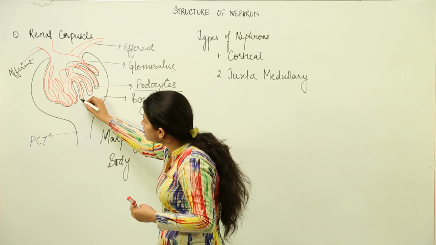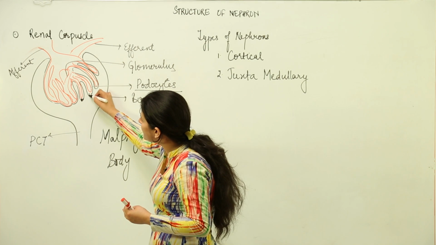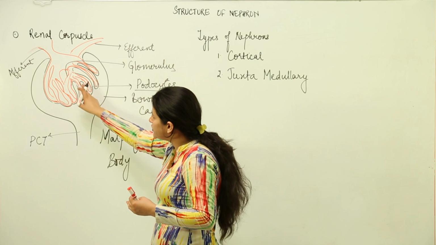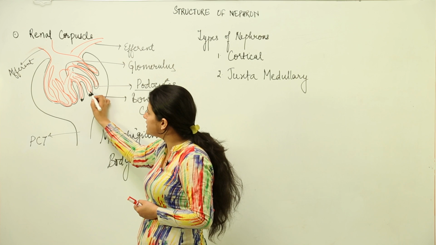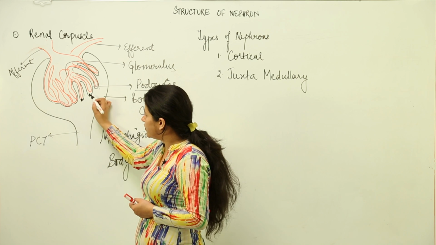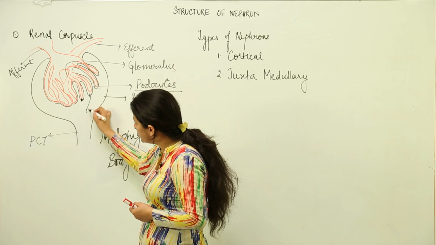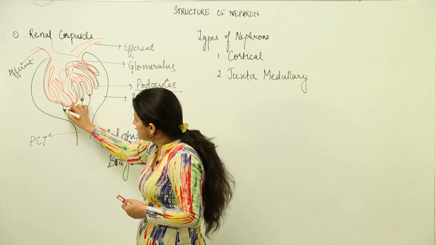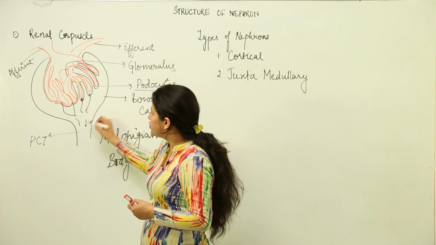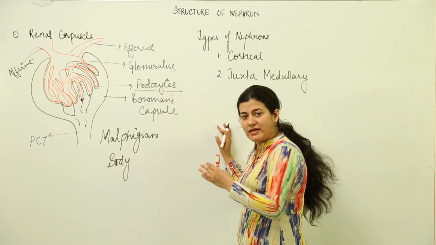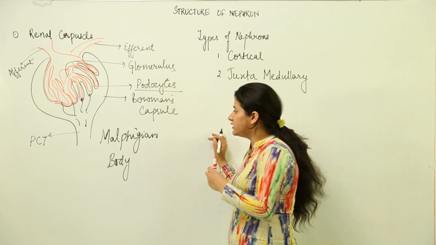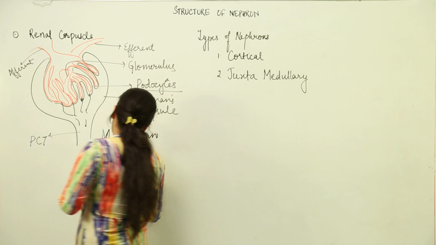So over here you are going to find podocytes, the slits which would be present, so that this filtrate which is present inside the renal corpuscle, the arteriole or the glomerulus, it would fall into the Bowman's capsule and from there it would fall into PCT. This is what takes place inside a Malpighian body, because over here this is the site of ultrafiltration.